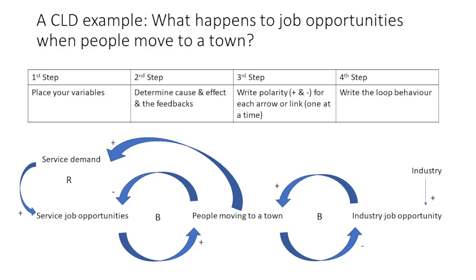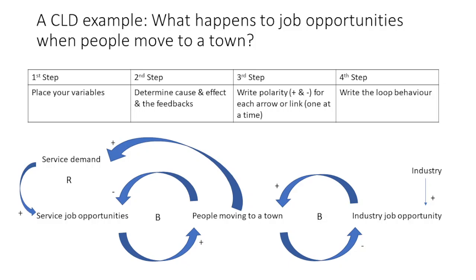And then in steps 4 and 5, you write what Haraldson calls the polarity for each link, which is your pluses and your minuses for each link between one variable and the other. And then in step 6, you write the loop behavior, which is whether it is reinforcing or balancing.